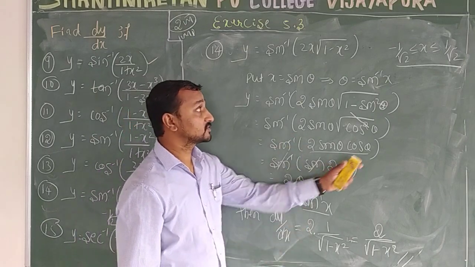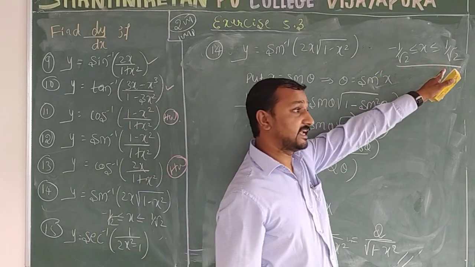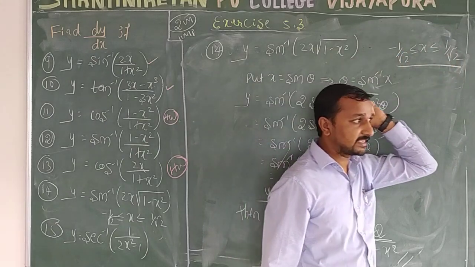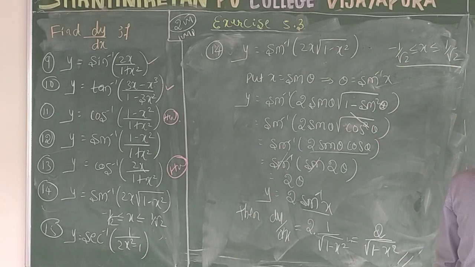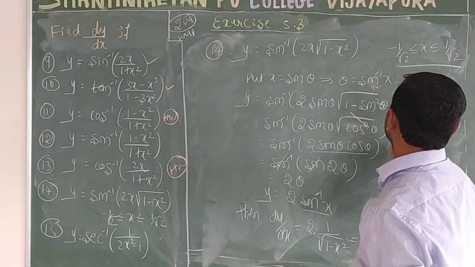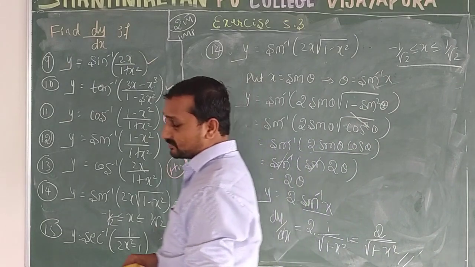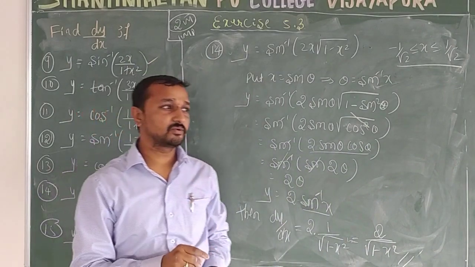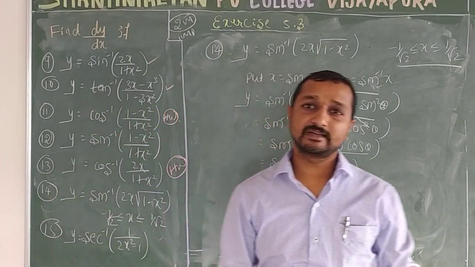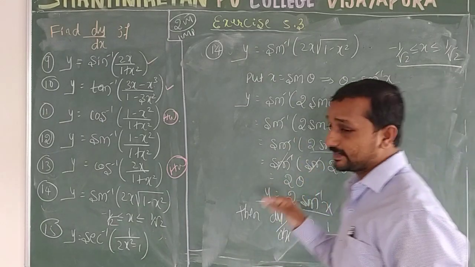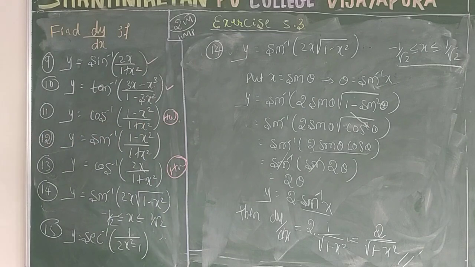Suppose we give the range x lies between minus 1 by root 2 and plus 1 by root 2, we will put x equal to sin theta. Suppose x lies between 0 to 1 by root 2, then we will put x equal to cos theta. Is that clear? This is a very important example, friends, so write it down.